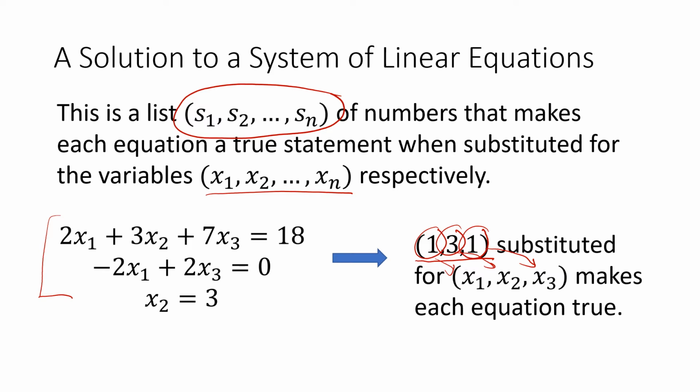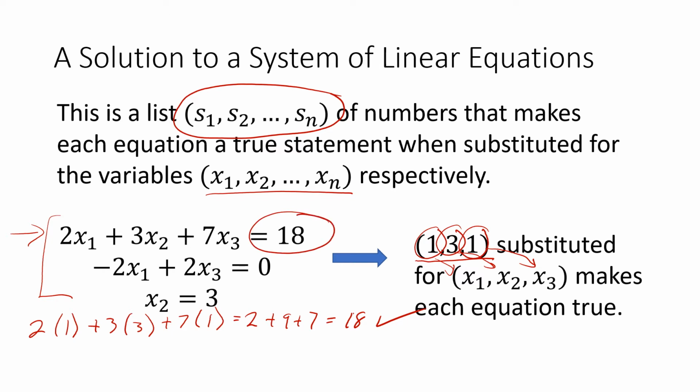So let's quickly see that that's true. Take our first equation and plug in those numbers. So 2 times x1 is 1, plus 3 times x2 is 3, plus 7 times x3 is 1. Well, that equals 2 plus 9 plus 7, which equals 18. That's correct. That matches what I claimed.